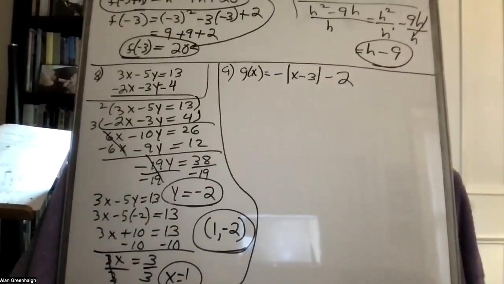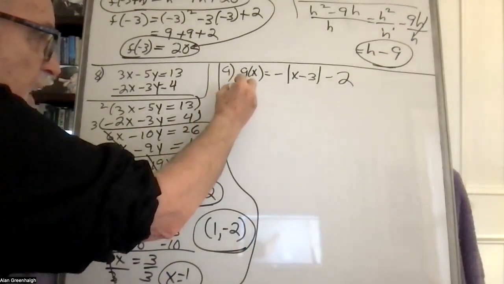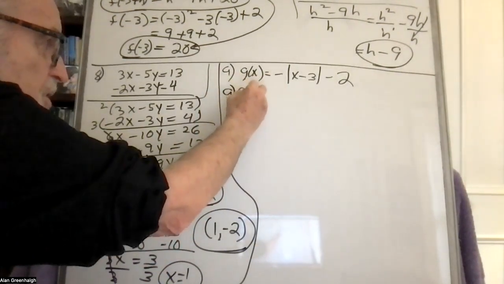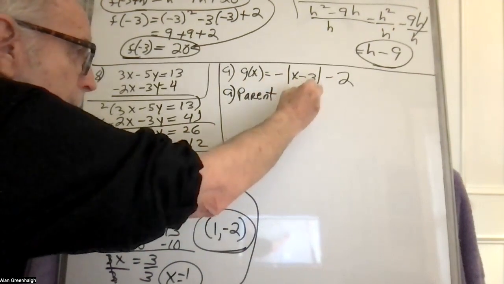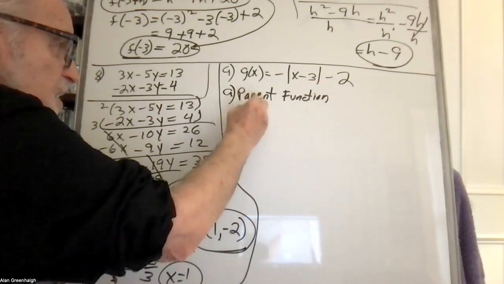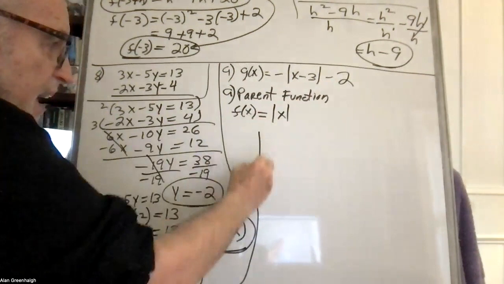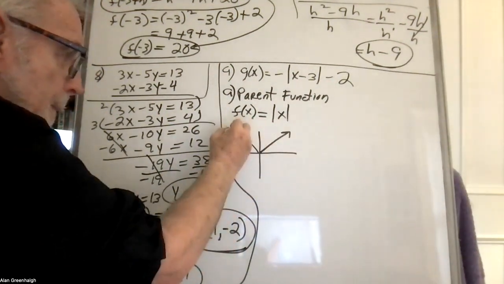The first part is to name the parent function. Name and graph. This is what I wanted for this problem. I wanted you to state, this is the perfect answer, the parent function, which let's say f of x equals the absolute value of x, and the parent looks like that.